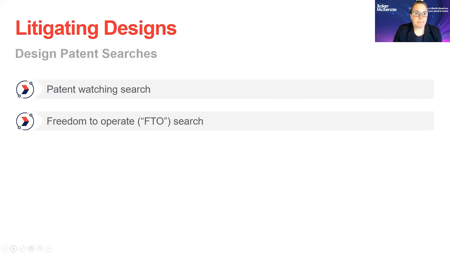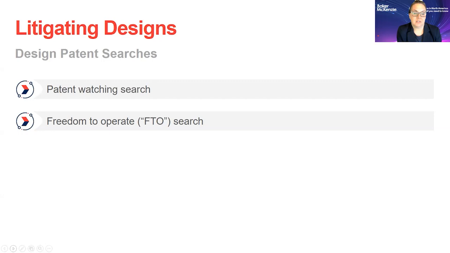So first, we're going to look at patent watching searches. This can be quite useful in the design space as they are in the utility patent space. What this means is you're running searches around, for example, relevant industries. You may run targeted searches on specific competitors or companies of concern.